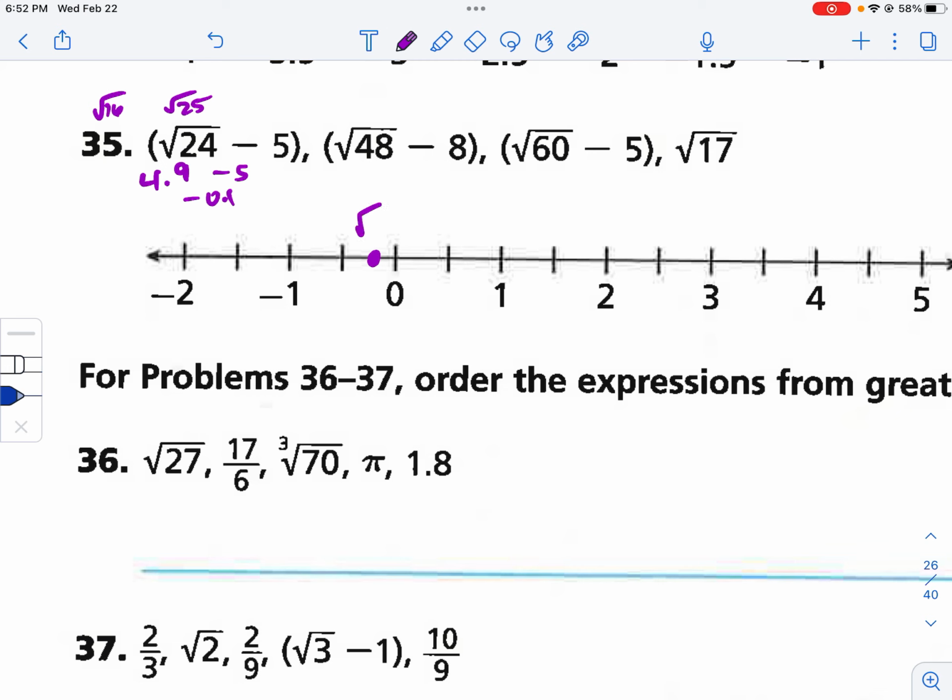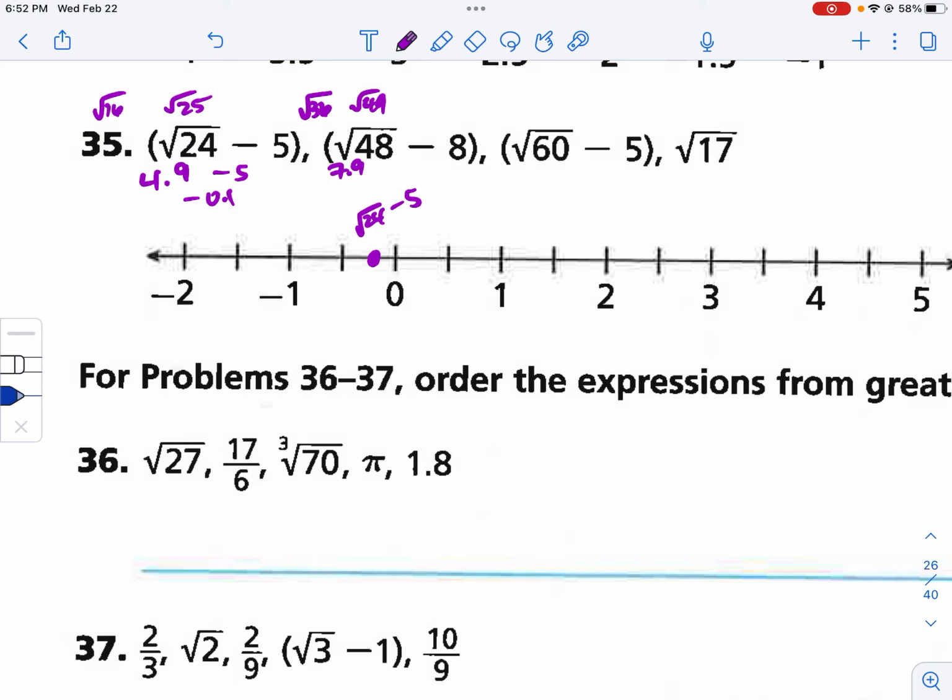So this is the square root of 24 minus 5. This is the square root of 36 and the square root of 49. So this is going to be 7 point. Oh, interesting. Well, let's see. What's the square root of 24?